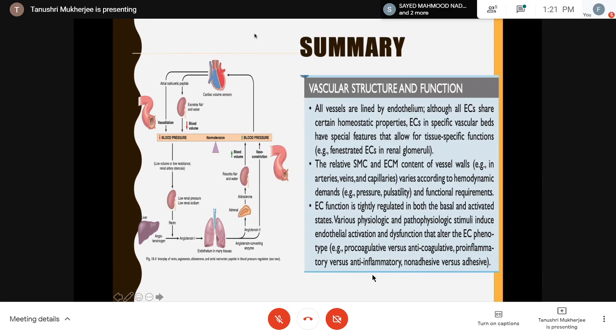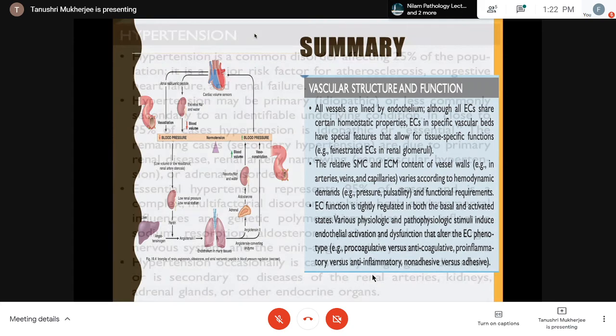Endothelial cell function is tightly regulated in both the basal and activated states. Various physiological and pathophysiological stimuli induce endothelial activation and dysfunction that alter the endothelial cell phenotype, like procoagulative versus anticoagulative, pro-inflammatory versus anti-inflammatory, non-adhesive versus adhesive.